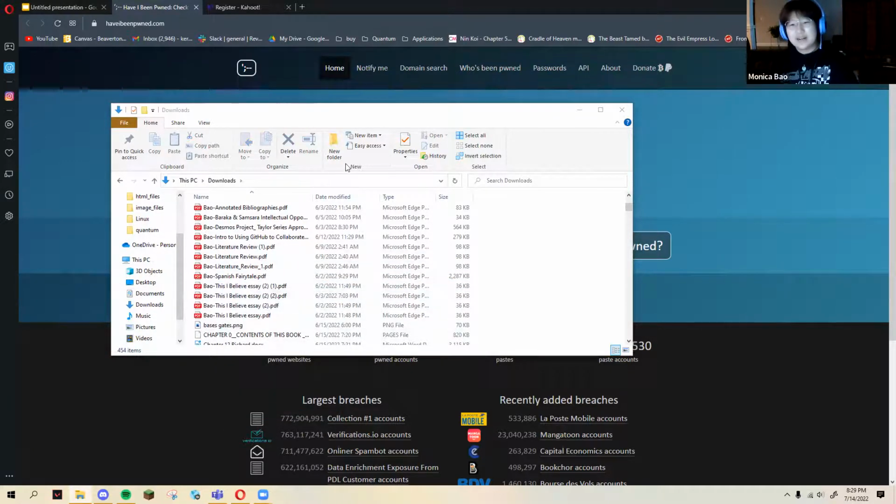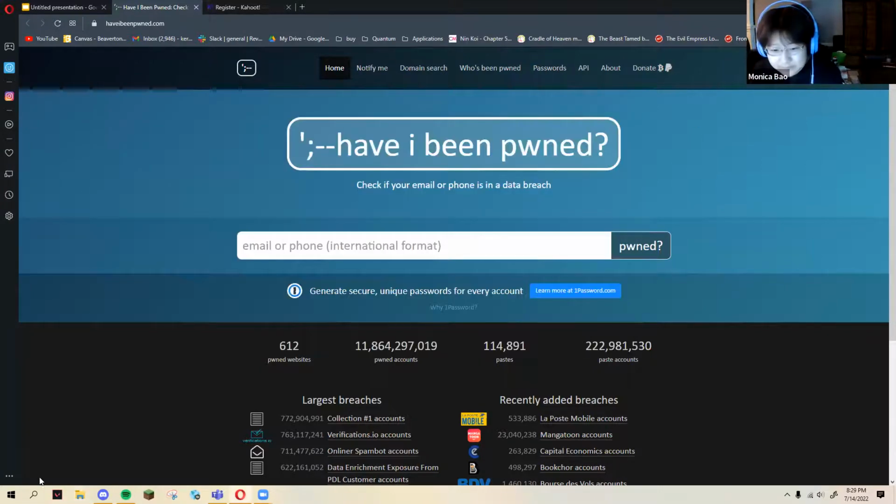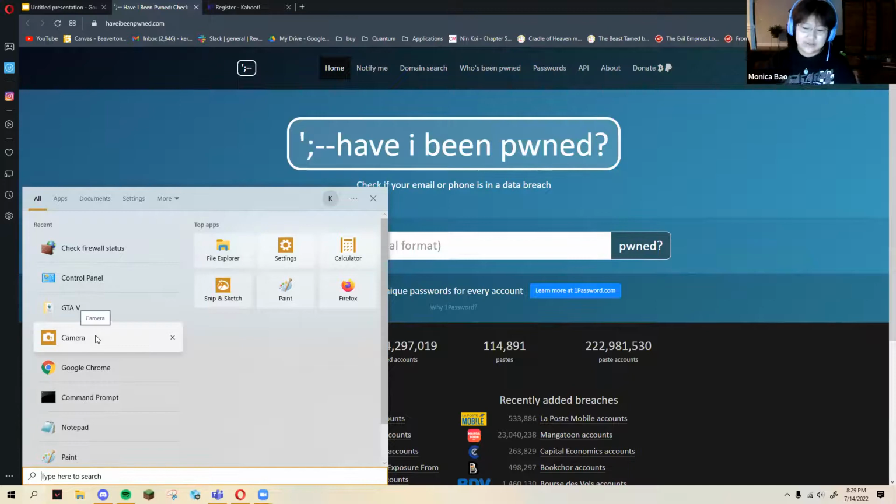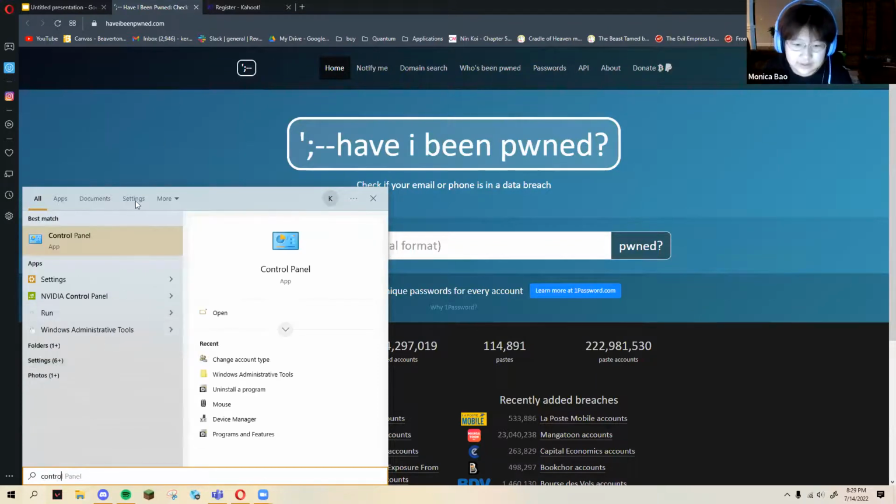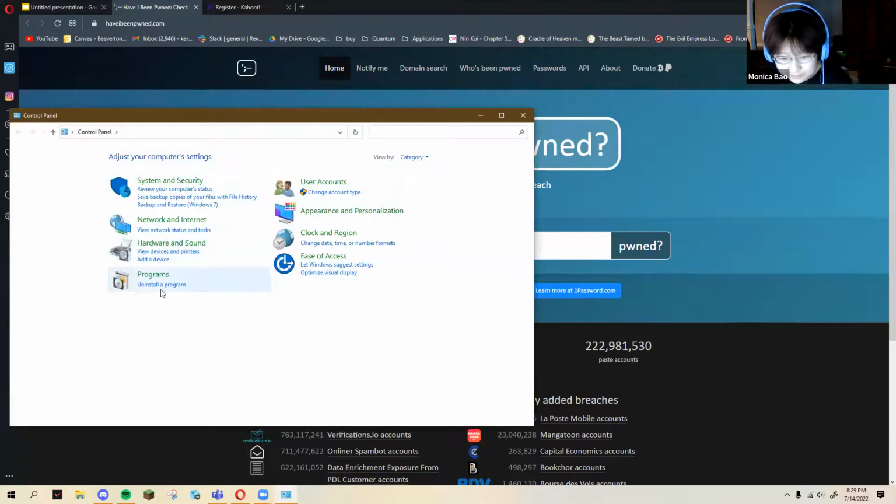That's for easier programs to remove. You can see that I really deleted the original copy. You have to make sure, because it's kind of tricky sometimes where you don't delete the original copy of the piece of malware. But you can also go into Control Panel and then pull up your programs.